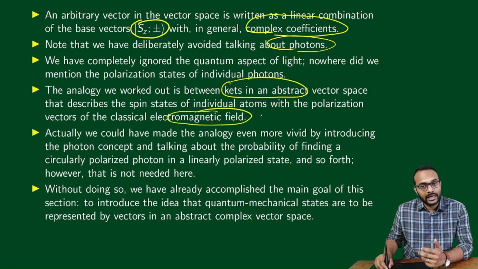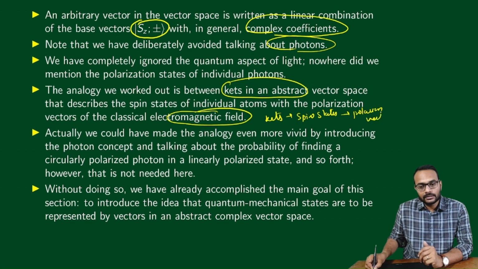So the analogy we worked out is between kets that represent spin states of atoms and the polarization vectors corresponding to the classical electromagnetic field.